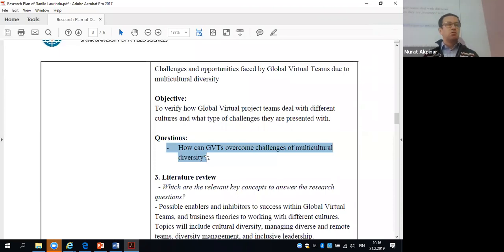Simple, understandable. We know that this is an important problem. Global virtual teams are in multinational companies, they are everywhere. Even now, last week, Libin was connected via Zoom, and we had some challenges, right?